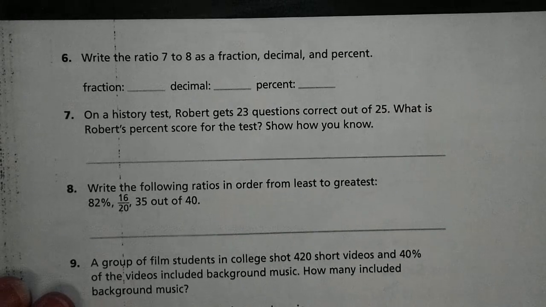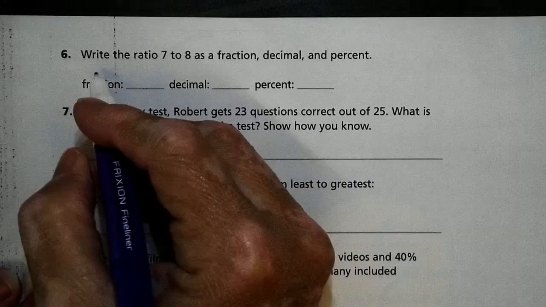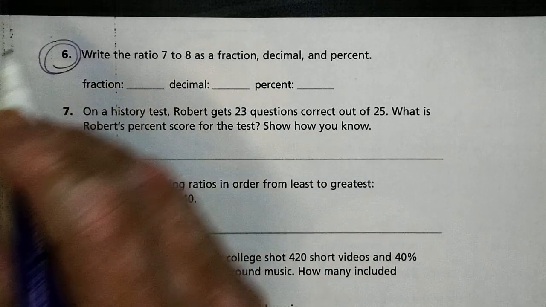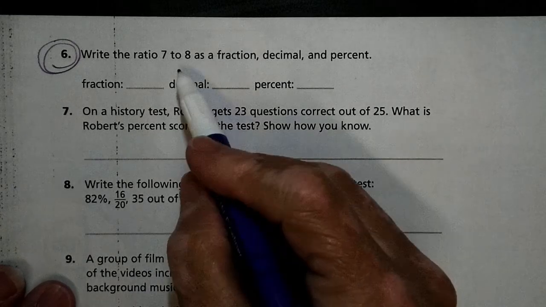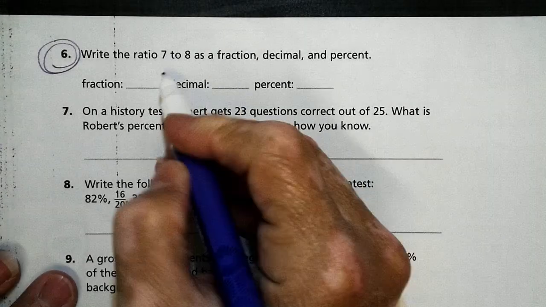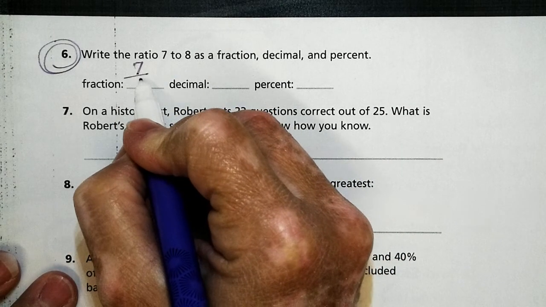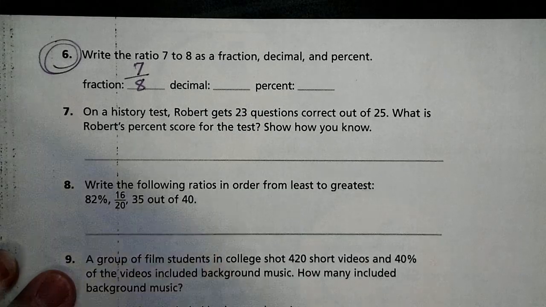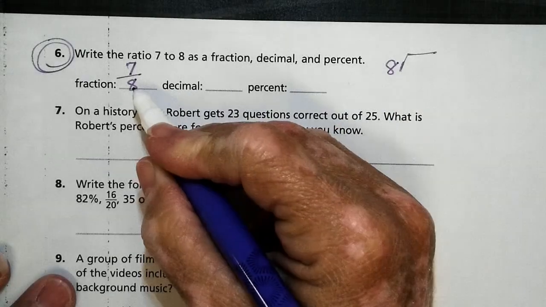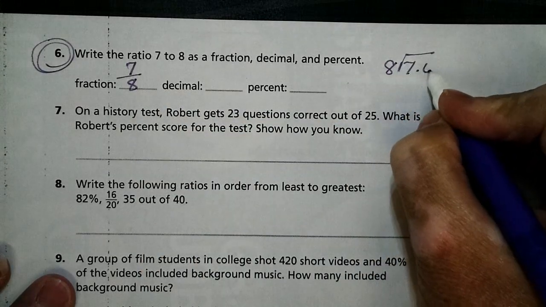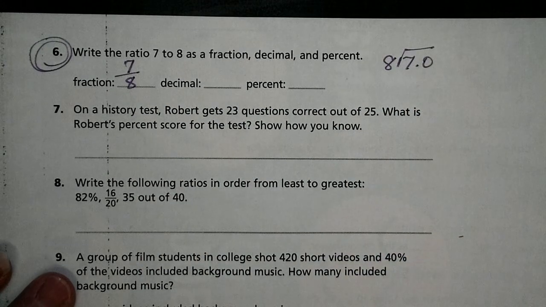Number 6. So I can tell you guys, I know for a fact there is a question like number 6 on the test. So, to write 7/8 as a fraction, it would just be 7 divided by 8. To write it as a decimal, you would divide 8 into 7.0.